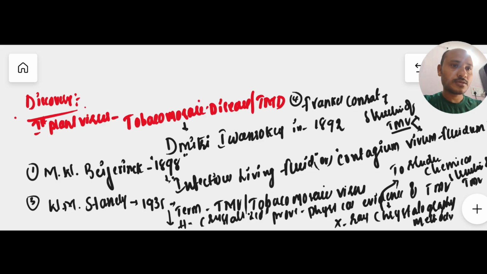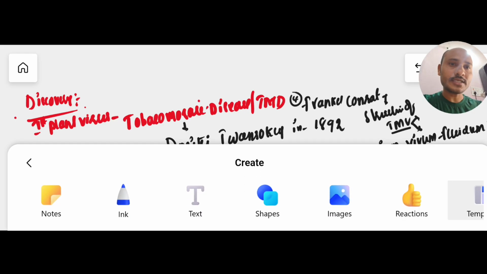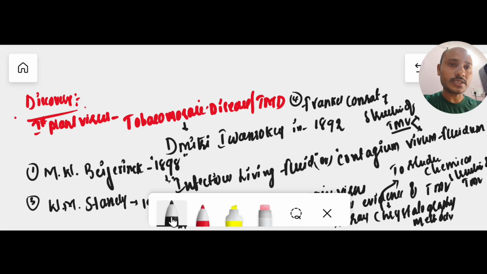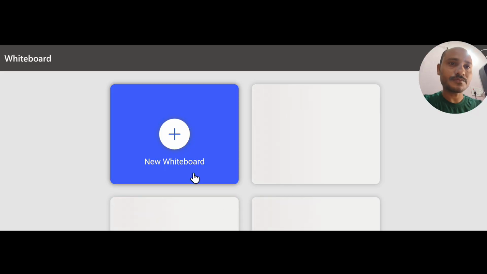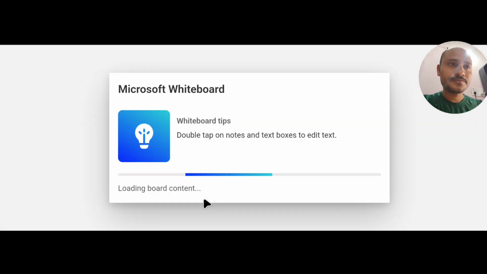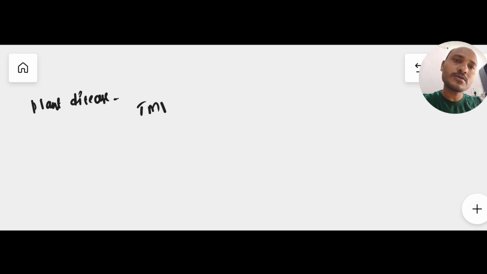Here a few NCERT-based examples of infections caused by viruses are given. We will discuss them now. Plant diseases include tobacco mosaic virus and cauliflower mosaic virus.